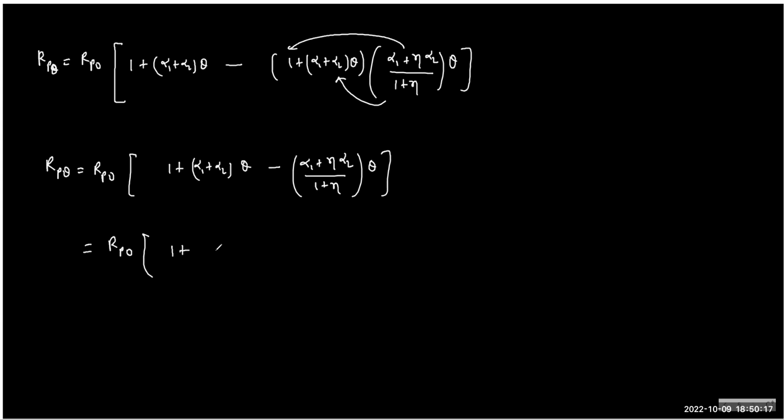And now I can take theta common. So what we'll get is alpha 1 plus alpha 2 minus alpha 1 plus eta alpha 2, 1 plus eta.